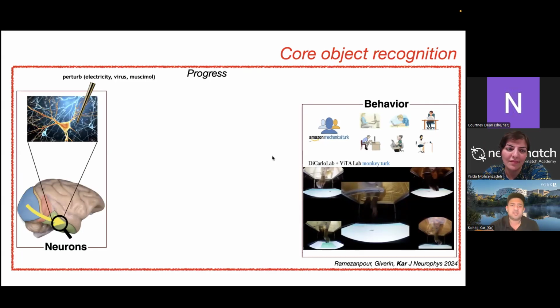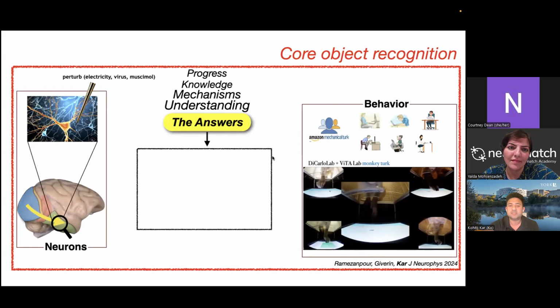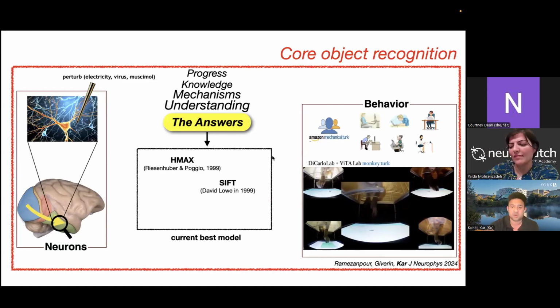At the end of the day, anything that we call progress or knowledge or mechanism understanding, the answer to the how question, boils down to what kind of models of the system you are producing. So what are your current best models? These models have evolved through time. For instance, there were models called HMAX, and a computer vision model called SIFT. There are obviously word models. You'll hear people say brain area X does face processing.